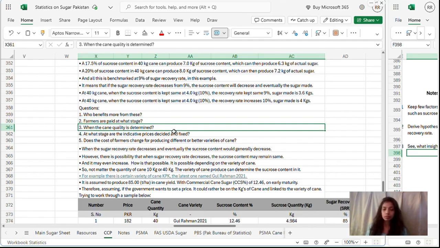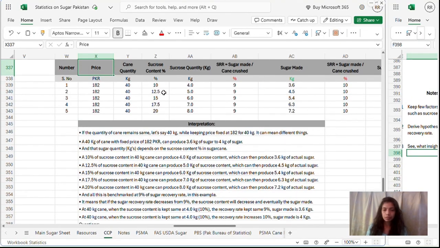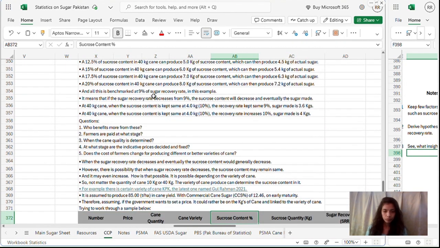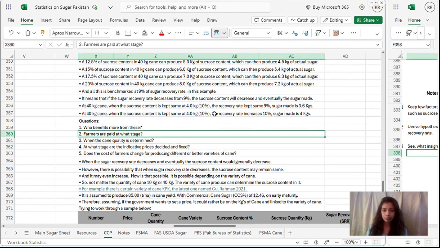Third, the questions generate: what is the cane quality, and when is the cane quality determined? Since we are studying this data, it helps us understand at what stage the cane quality is determined, and how this whole procedure goes through. At what stage are the indicative prices decided and fixed?